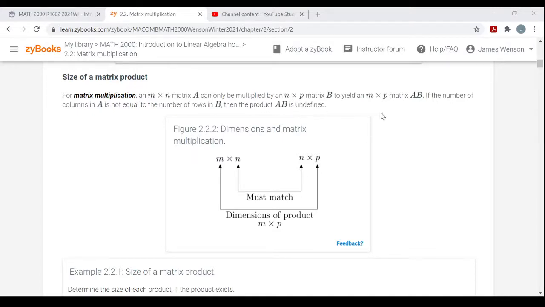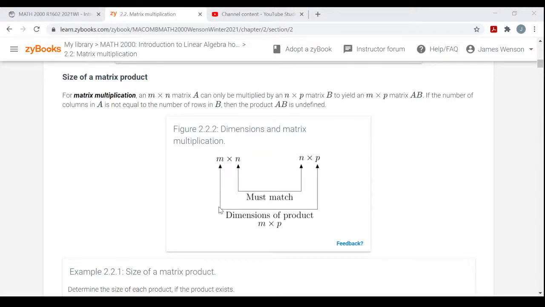The size requirement is in this box here. If you take an m by n matrix and multiply it by another matrix, the number of rows in that second matrix must match the number of columns in the first matrix, the left matrix. And then the final result will yield an m by p matrix.